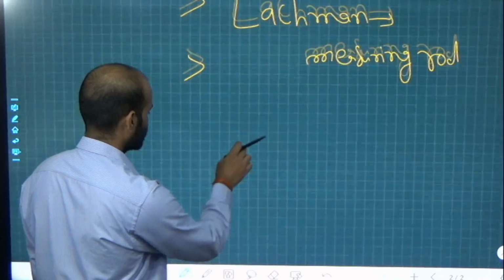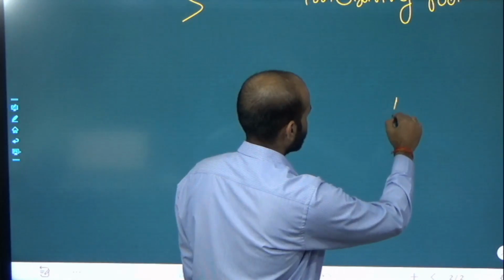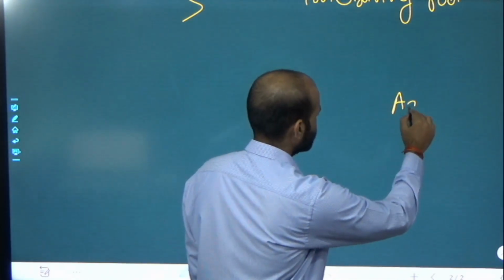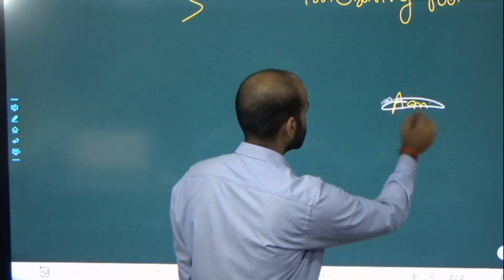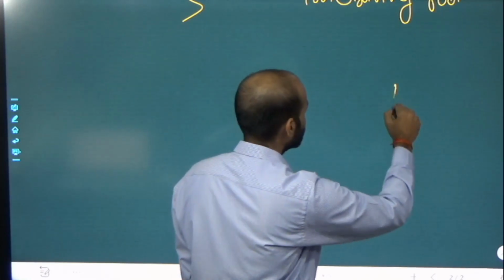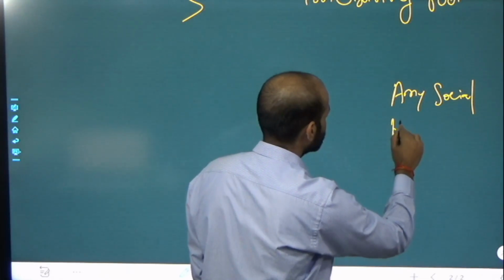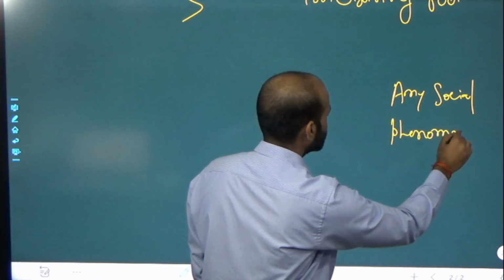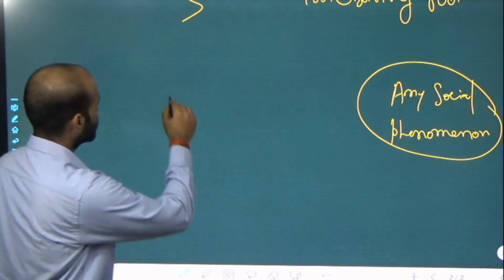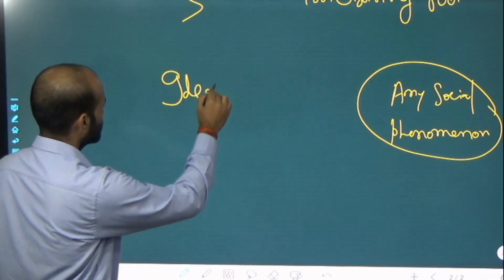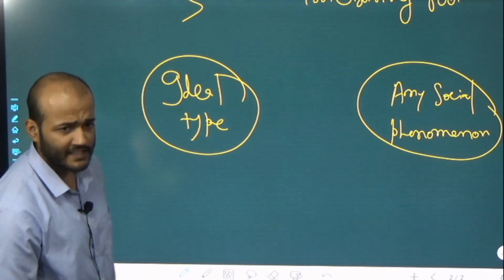What he talks about: for understanding any social phenomena and studying any social phenomena. Now Max Weber created one ideal type. So what is this ideal type?